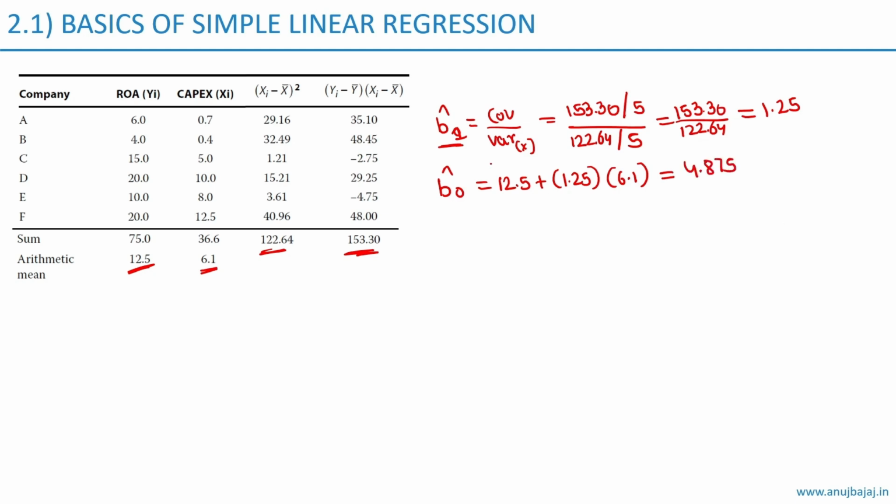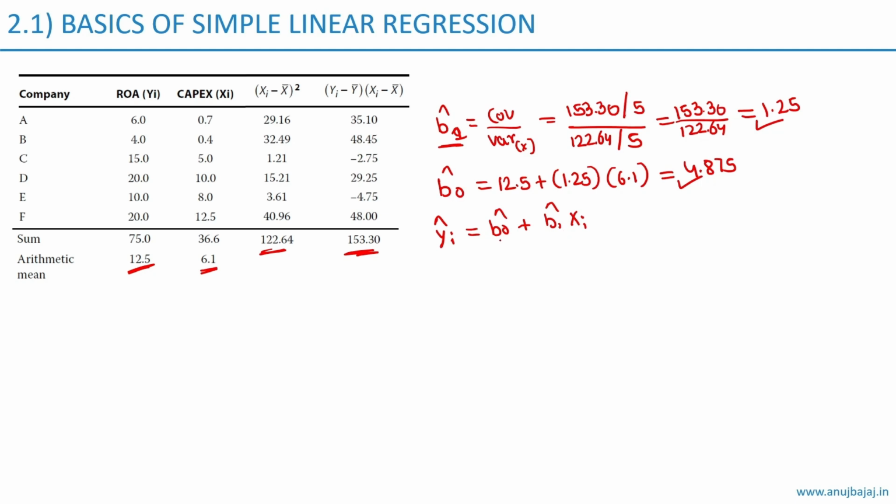Now how do we interpret what actually is the meaning of these regression coefficients? This was the linear regression model where the predicted value of the dependent variable equals the intercept plus the slope coefficient multiplied by the observed value of the independent variable.